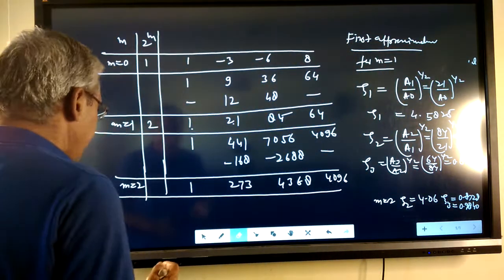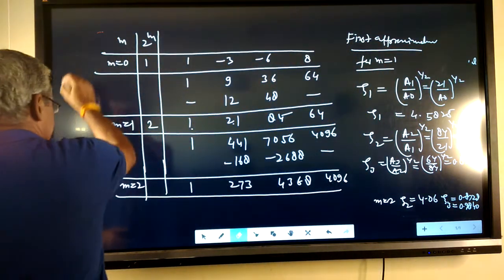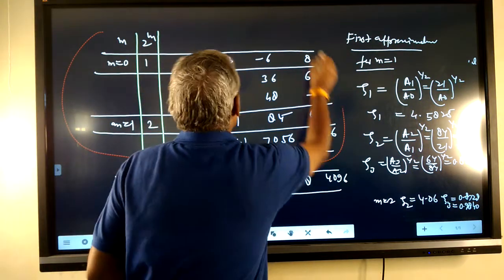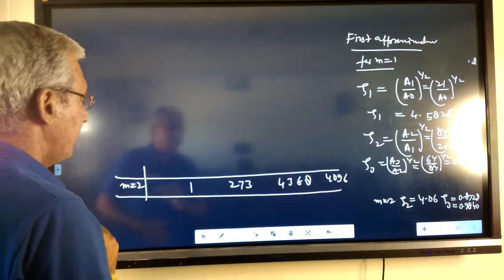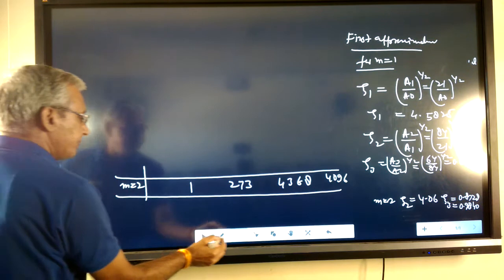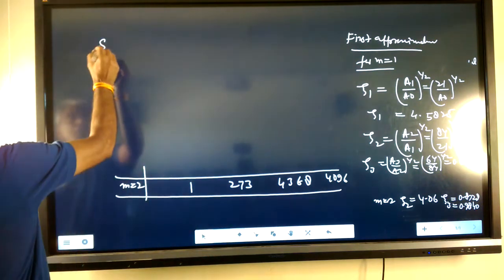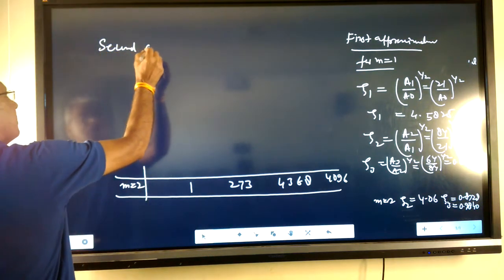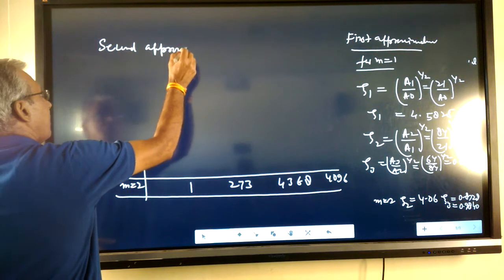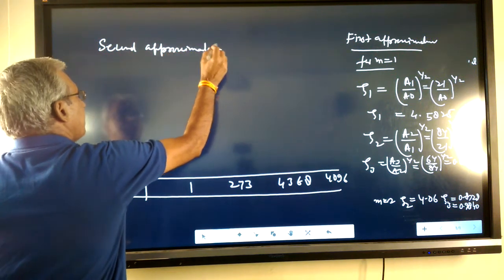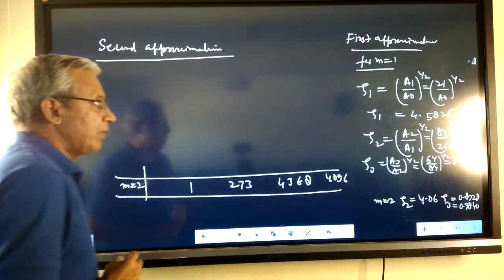For the second approximation, we have the second approximations to the roots.